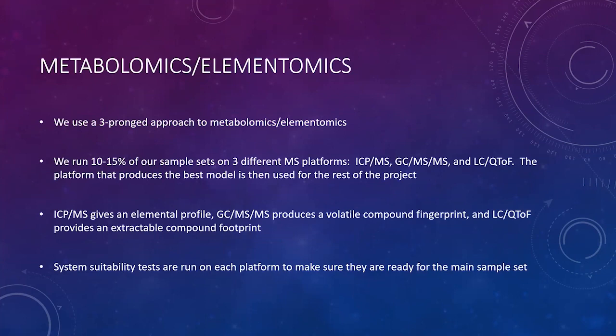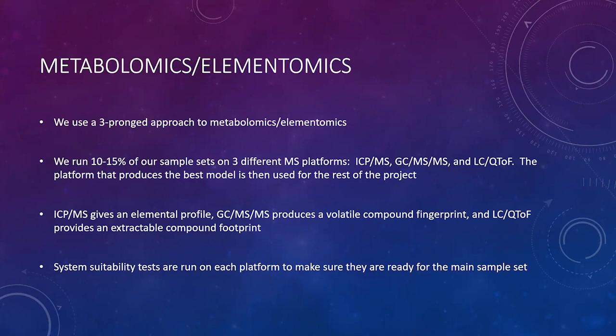We use a three-pronged approach in our lab because we have the instrumentation to do so. So what we do is we run 10 to 15% of our sample sets on 3 different platforms. ICP-MS, again, that shows elements, GC-MS, that shows volatile compounds, and LC-QTOF, which shows extractable compounds.